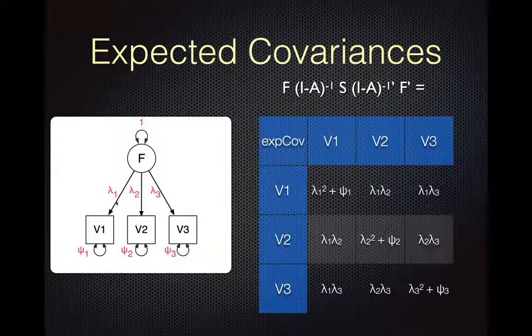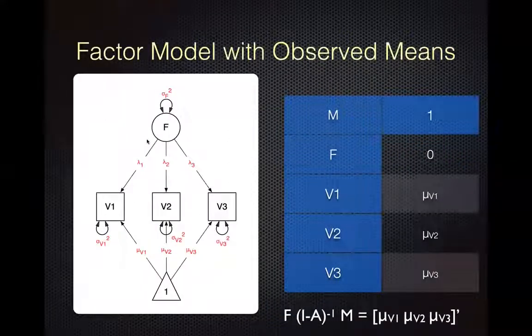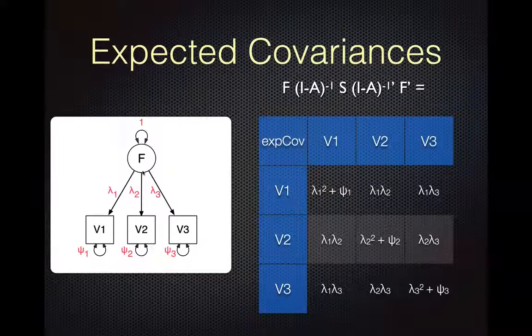So we can go lambda1, change direction up here and multiply that by 1, and head back down an arrow, lambda2, to give us lambda1 multiplied by 1 multiplied by lambda2, or just lambda1 lambda2, for the expected covariance between variable 1 and variable 2.